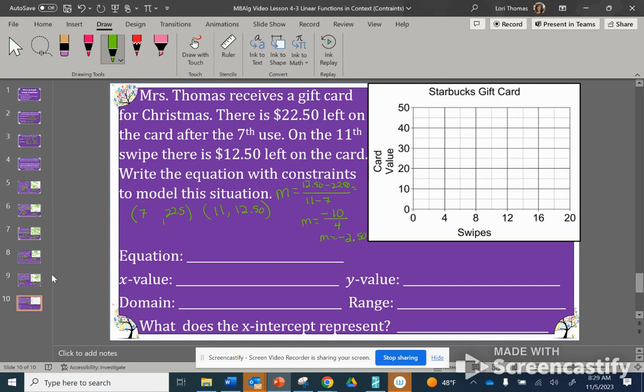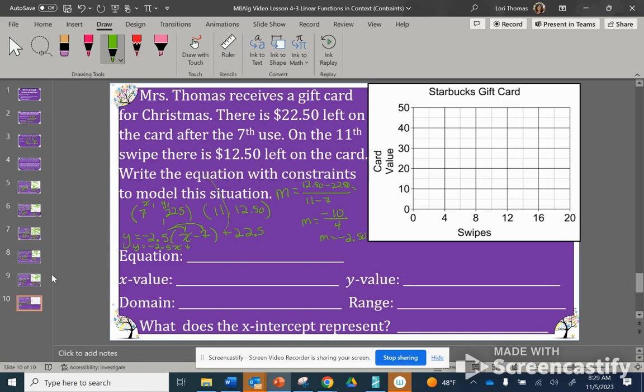Now let's use point slope form. y equals my slope times x minus x1 plus y1. We're going to distribute, and then we have negative 2.5 times negative 7.